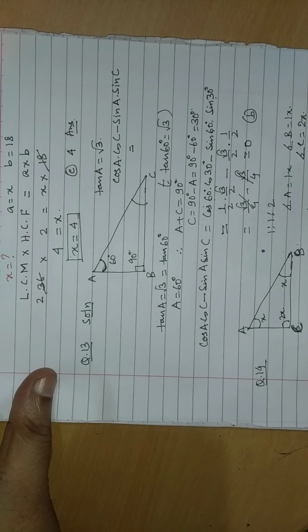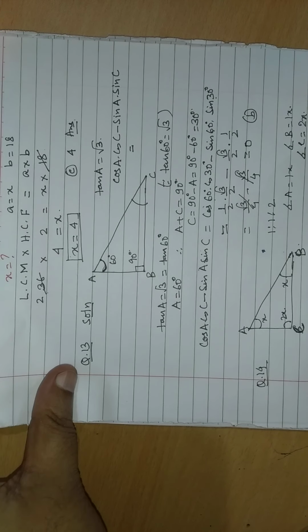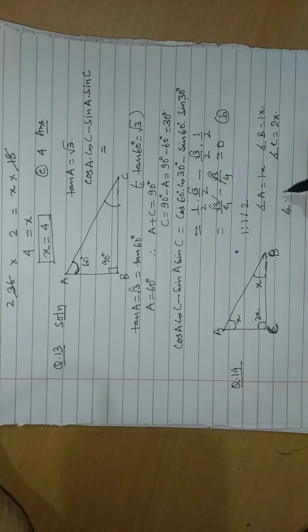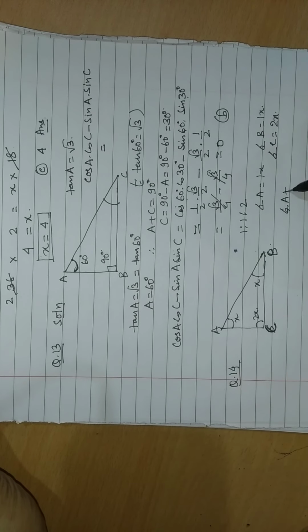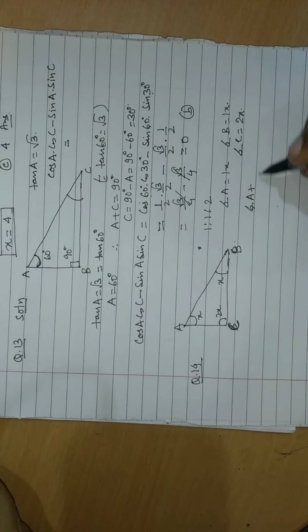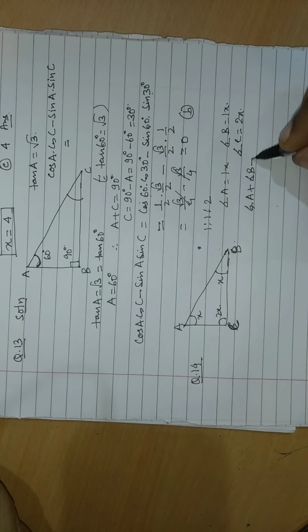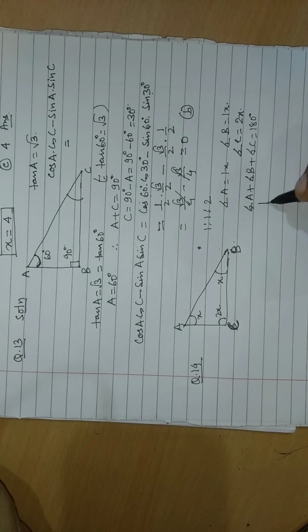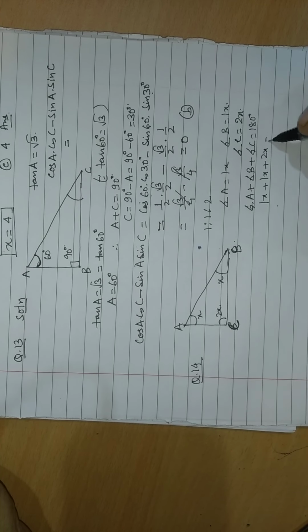So as you know that the sum of all angles is equal to what? 180 degree. Angle A plus angle B plus angle C, the sum of all angles is equal to 180 degrees. So 1x plus 1x plus 2x is equal to 180 degree. So it is 4x is equal to 180 degree.